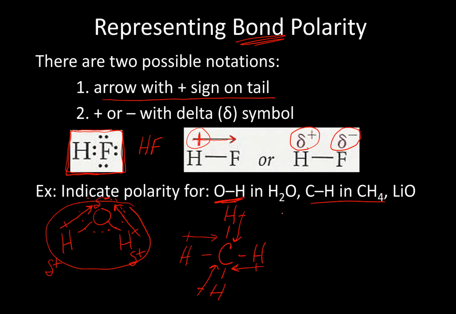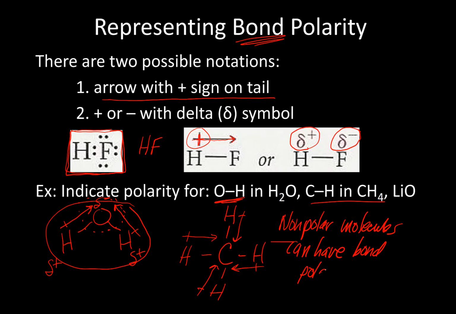I'm going to write that down because it's important enough to note. So, nonpolar molecules can have, and often do in a lot of cases, bond polarity. We're getting ahead of ourselves with the concept of molecular polarity, but I want you to remember this.